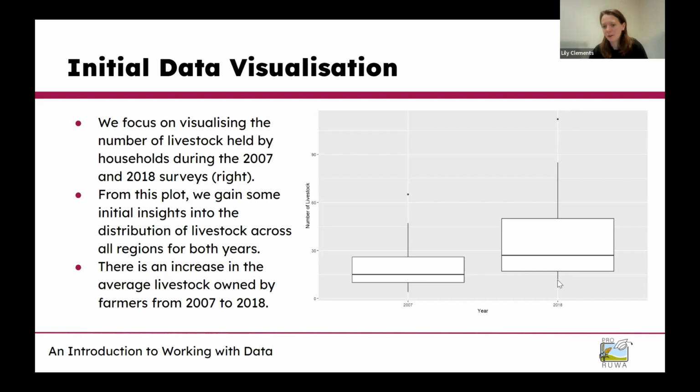It gives the minimum point, which means in 2018 the smallest number of livestock anyone had was just under 10. This is our lower quartile, our upper quartile, and this here is our median. So in general, we can see an increase in the average livestock owned by farmers from 2007 to 2018.